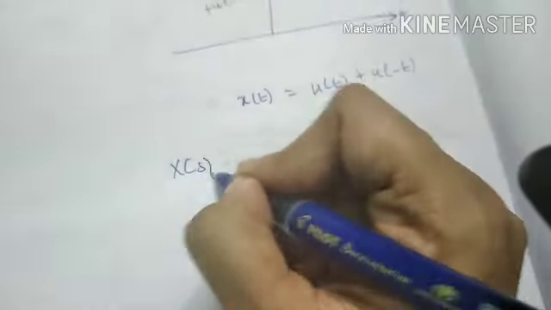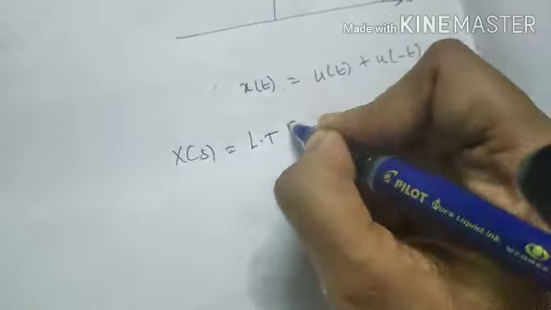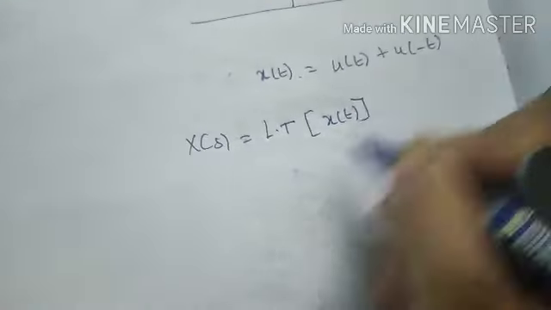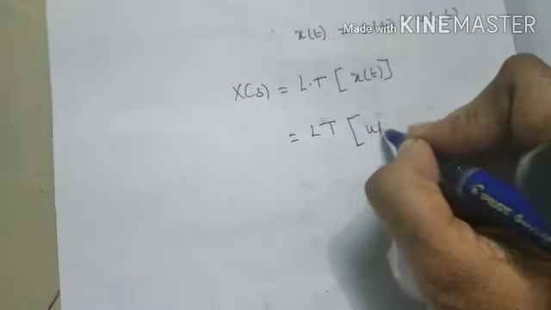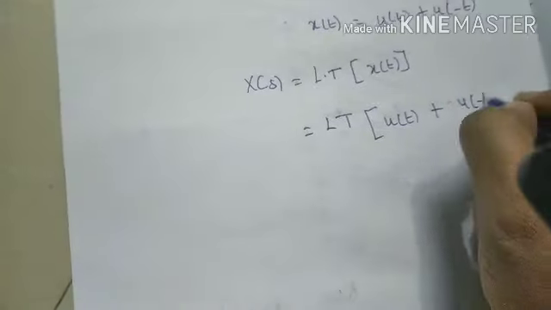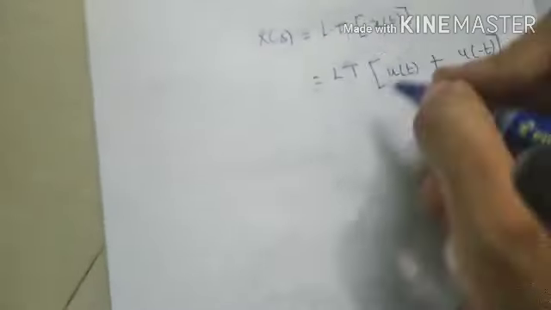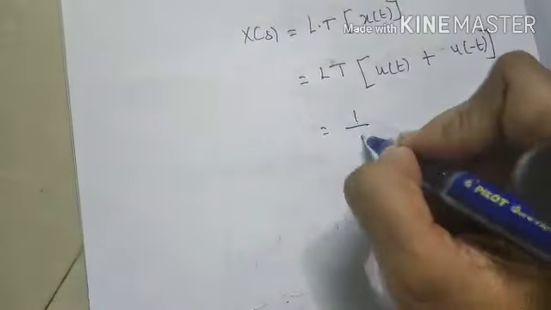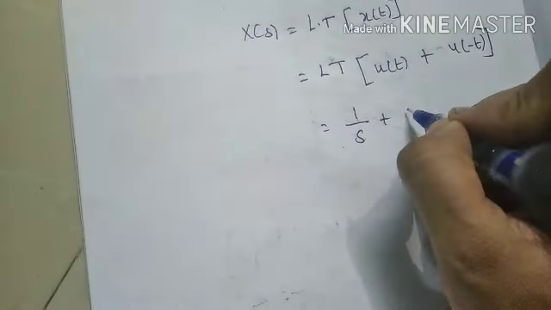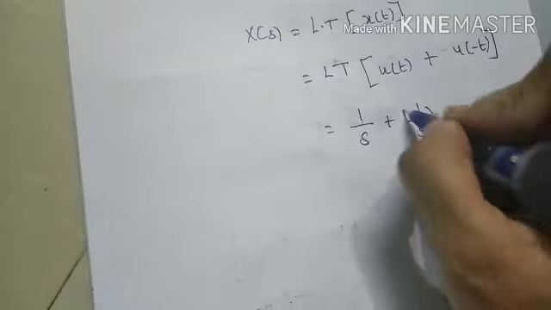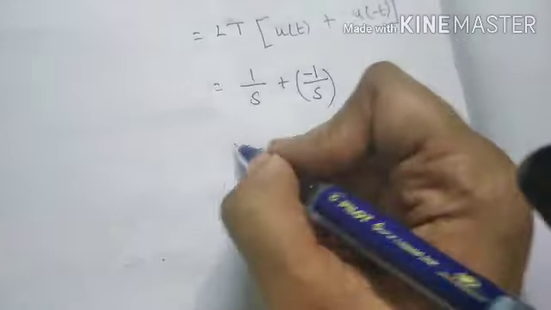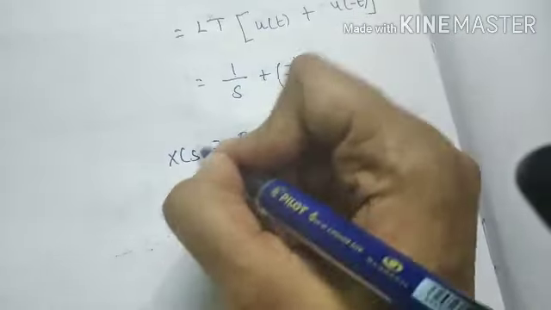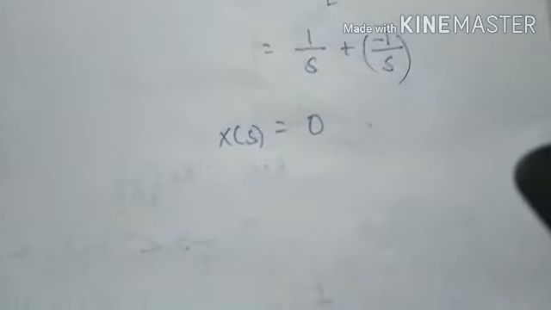Now we are going to take the Laplace transform, that is x of s is equal to Laplace transform of x of t, that is Laplace transform of u of t plus u of minus t. So u of t we can take as 1 by s, plus u of minus t can be written as minus 1 by s. So by adding these two expressions we get 0. So x of s, that is the Laplace transform of the given signal, is 0.